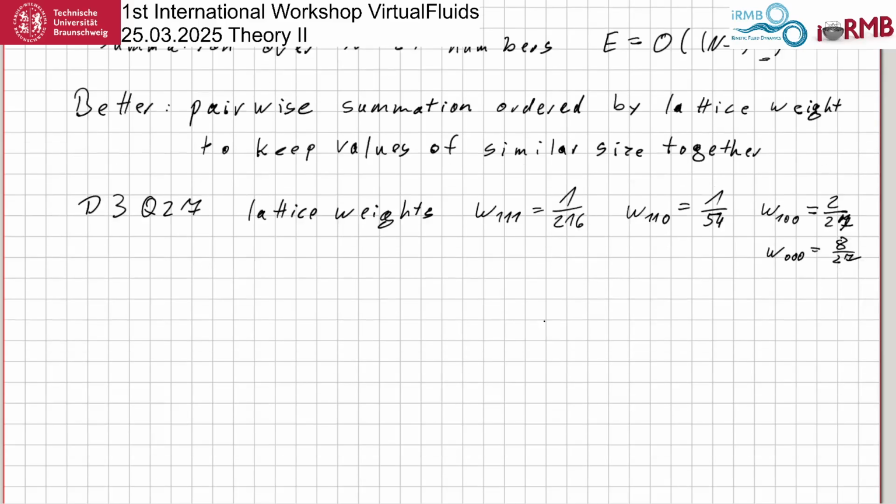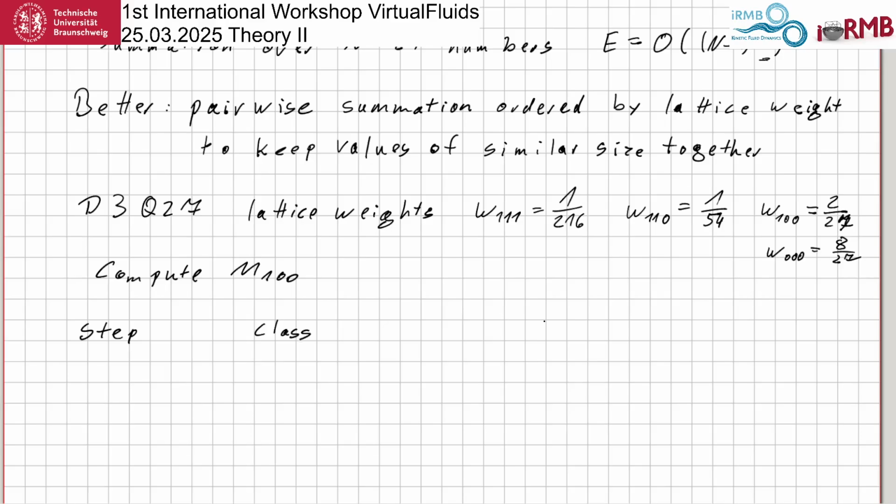Now let's see how VirtualFluids computes M100. There are several steps here, and we distinguish between these classes.